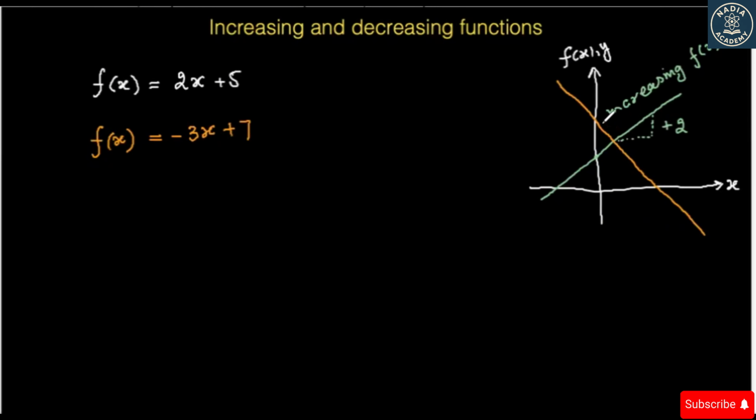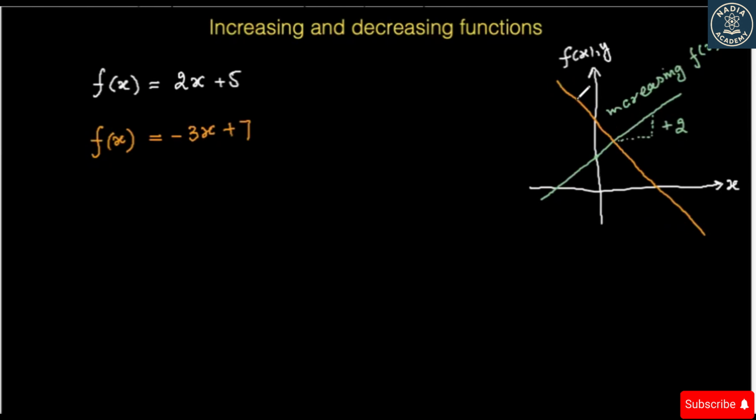Now you can see what is happening: this function is decreasing with increasing values of the independent variable, which is x. So it means that we can find whether a function is increasing or decreasing from its gradient.